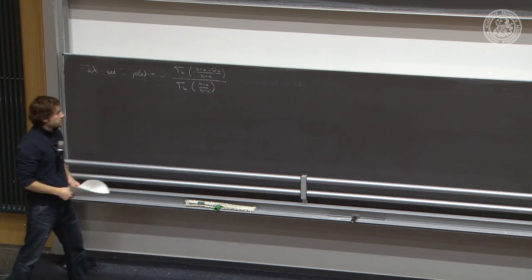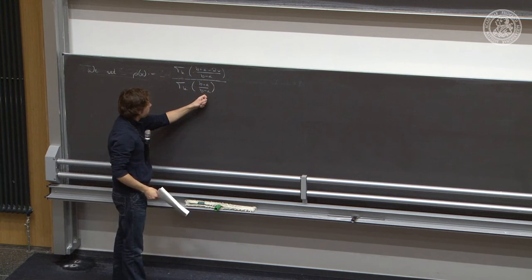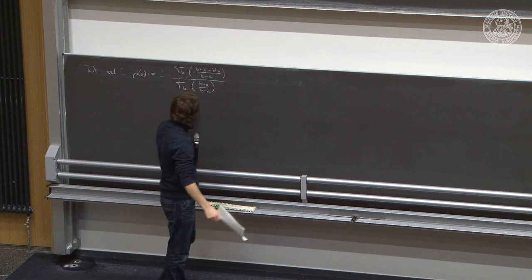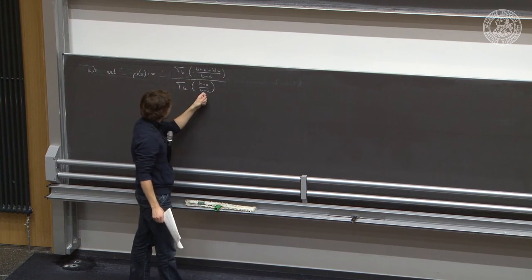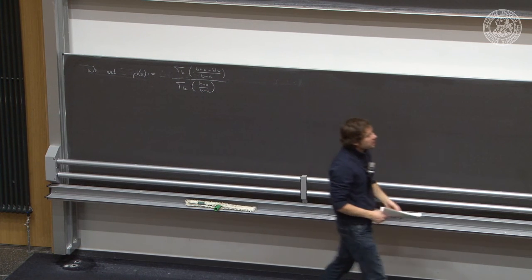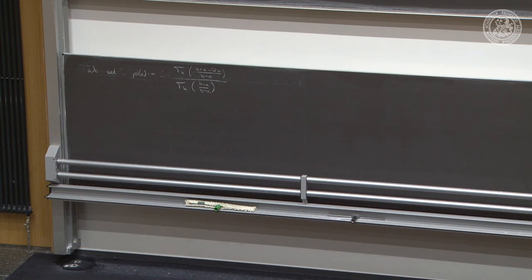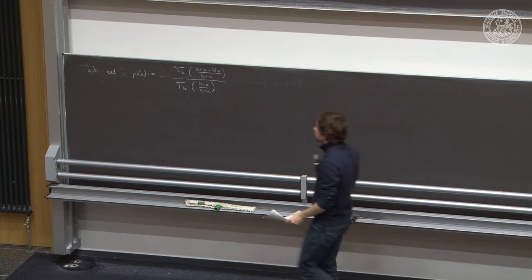We can be sure that we can divide by this function value because (B plus A) divided by (B minus A) is larger than 1, so it does not vanish.